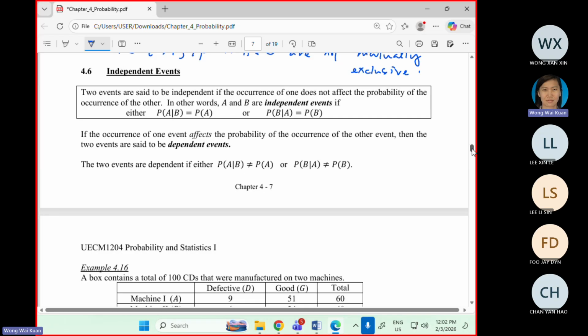The two events are said to be independent if the occurrence of one does not affect the probability of the occurrence of the other one. Then we say they are independent.